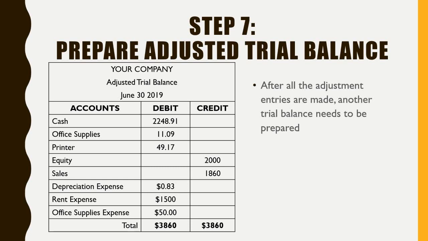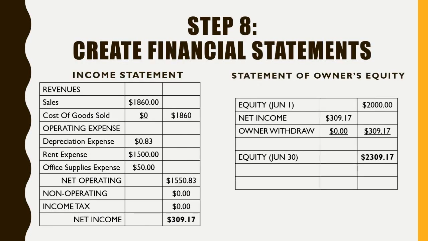I added the office supplies expense, and I've added the depreciation in here. And notice, I've also taken it away from this specific account. Now that my debits and my credits match, I can go ahead and proceed with my financial statements.